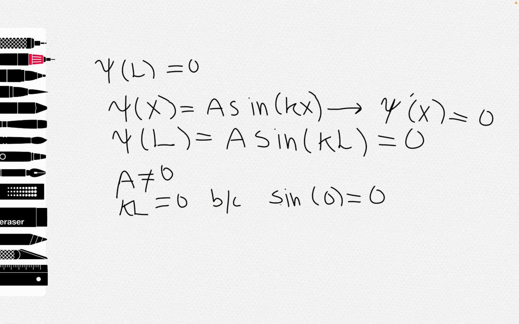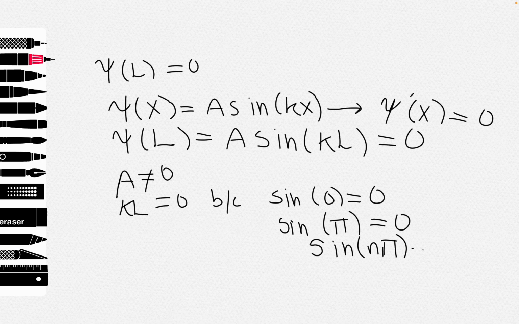KL is equal to 0. Okay, so remember from trig that there's also this identity: sine of pi is equal to 0, right? So we can also extrapolate and say that generally any integer multiple of pi is also equal to 0.